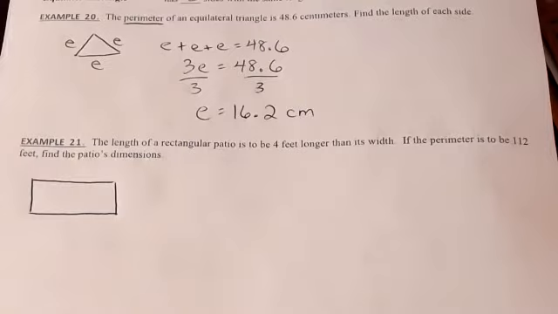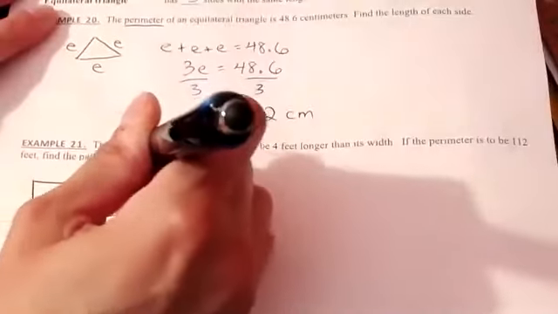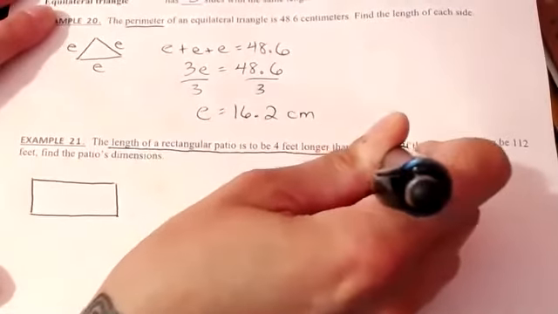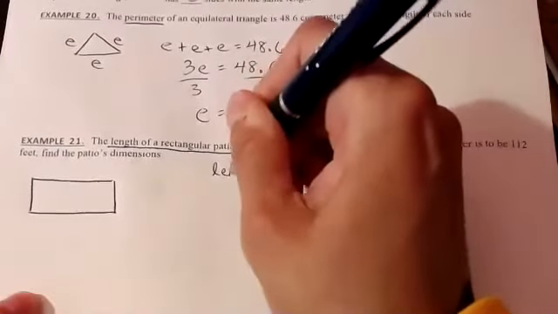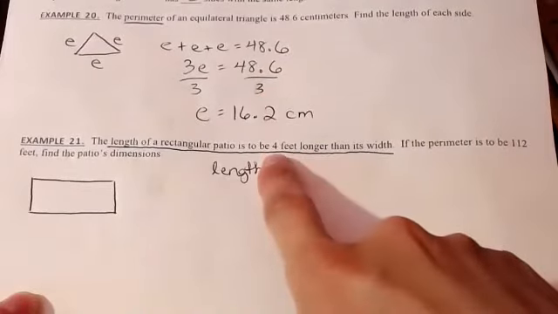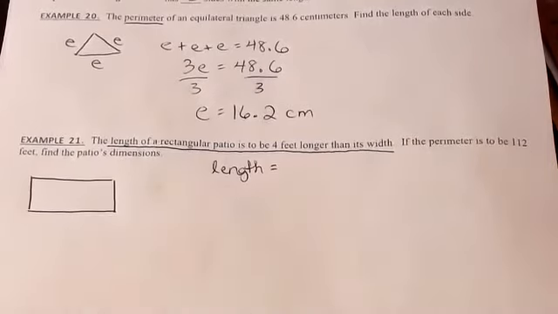Christina, last semester, when we saw something like this, and I'm going to underline it, we always wrote it as an algebraic expression, right? So for instance, if I write length is equal to, how would you write, Christina, 4 feet longer than the width?